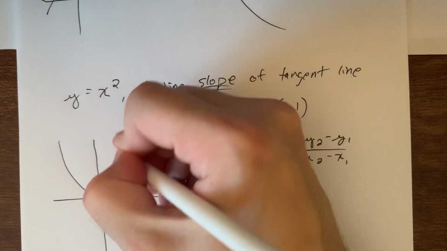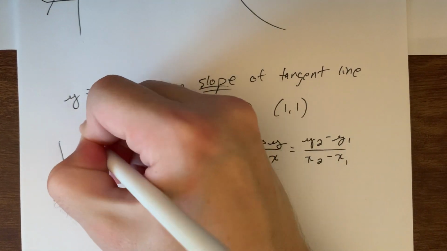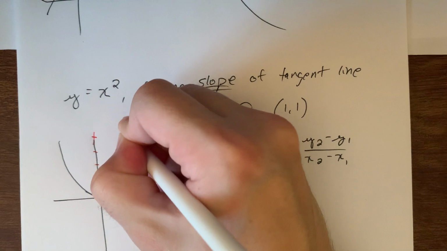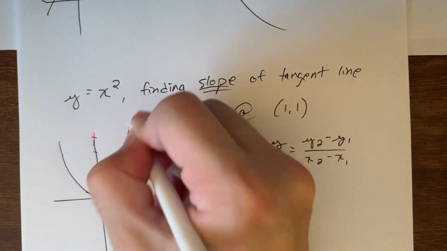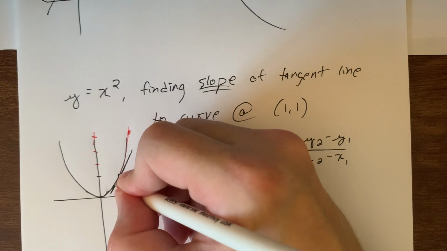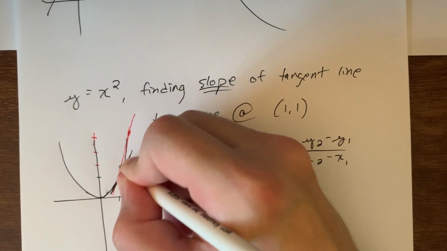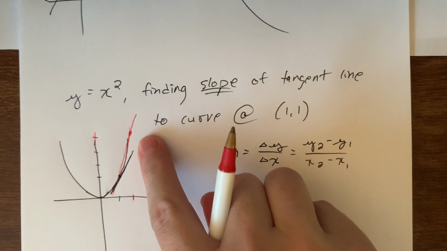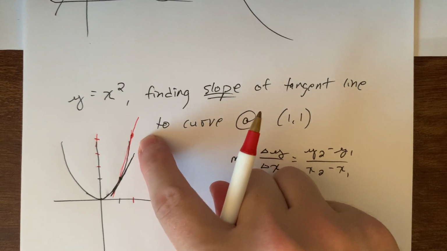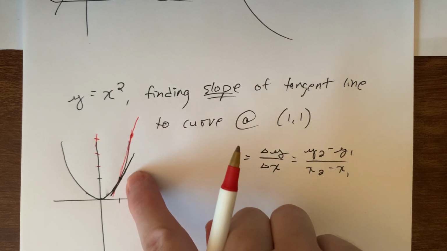I'm going to go to a second point here, another point on this curve. This is 1, 1, and this would be the point 2, 4. And if I draw the secant line between those 2 points, not in a very good way, that line slightly mirrors this tangent line.